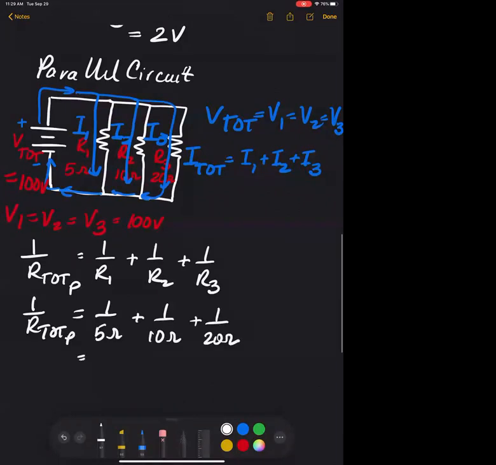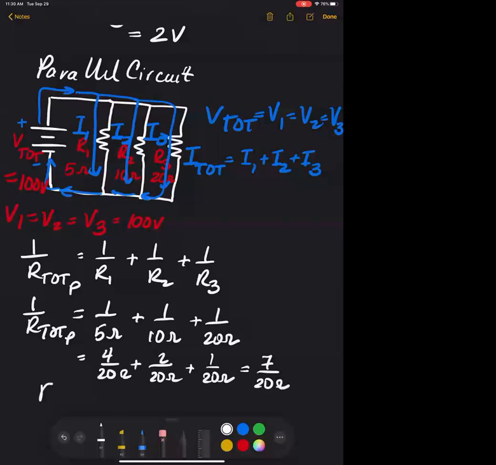Now, I like to do fractions here because I can get a common denominator. So 1 over 5 is 4 over 20. 1 over 10 is 2 over 20. And then this is 1 over 20. So that's going to be 7 over 20.